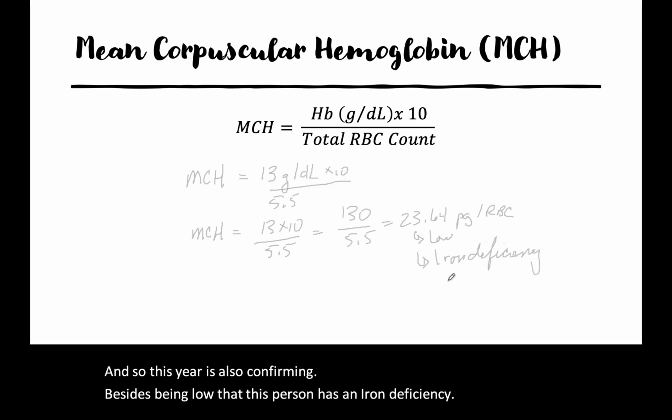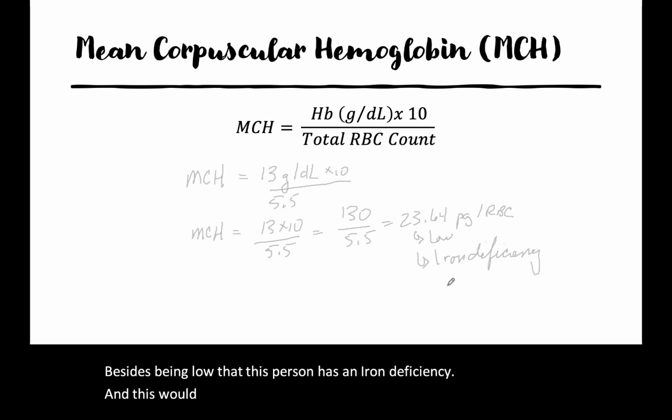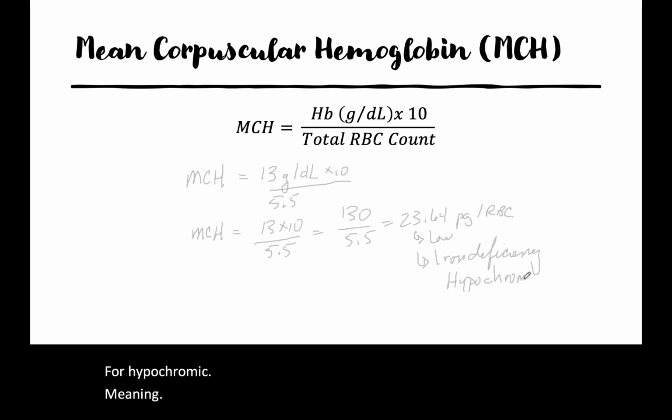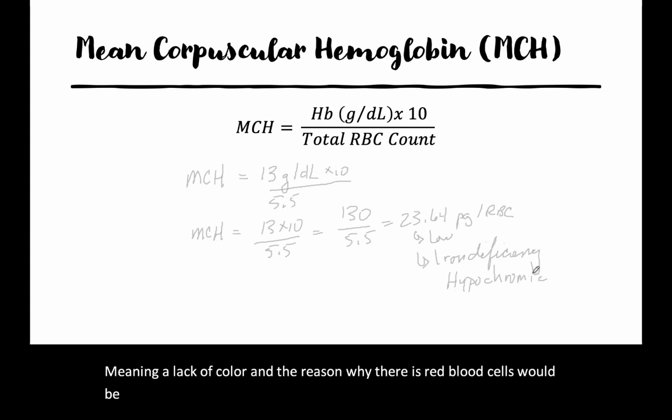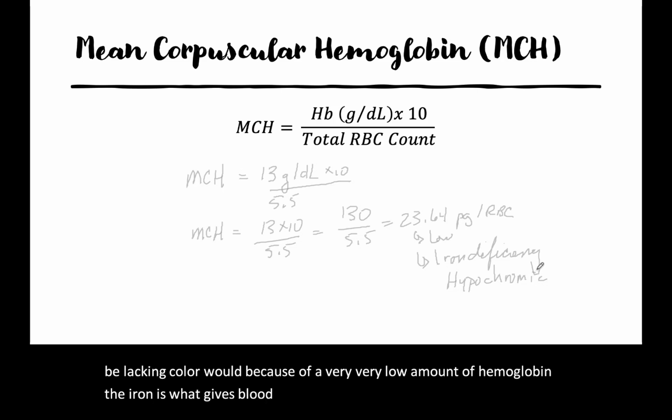And this would basically be hypochromatic, or hypochromic, meaning a lack of color. The reason why these red blood cells would be lacking color would be because of a very, very low amount of hemoglobin. The iron is what gives blood its red color.